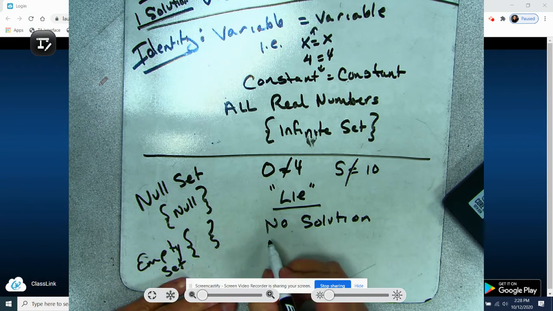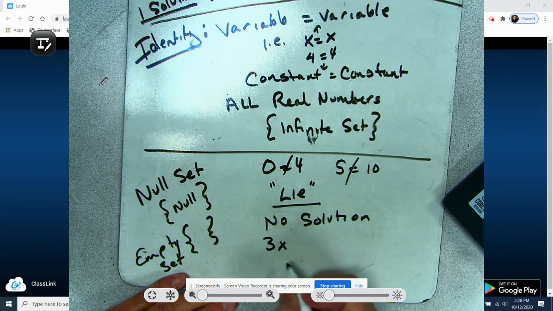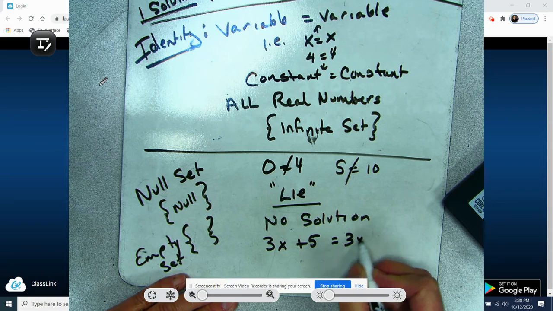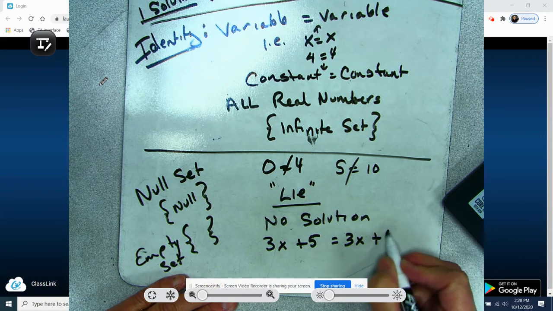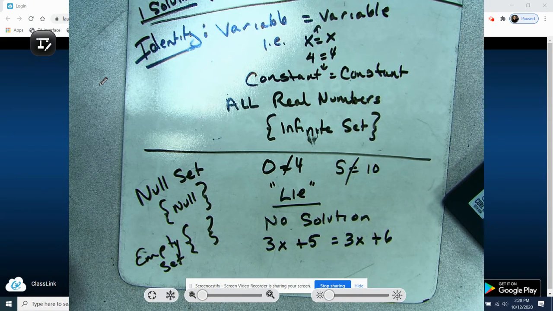It would be like taking 3 times a number and adding 5, and then taking 3 times that same number and adding 6 and expecting that both sides to equal each other. Well, if I take a number and multiply it by 3 and add 5, take that same number and multiply it by 3 and add 6, they are never going to match.